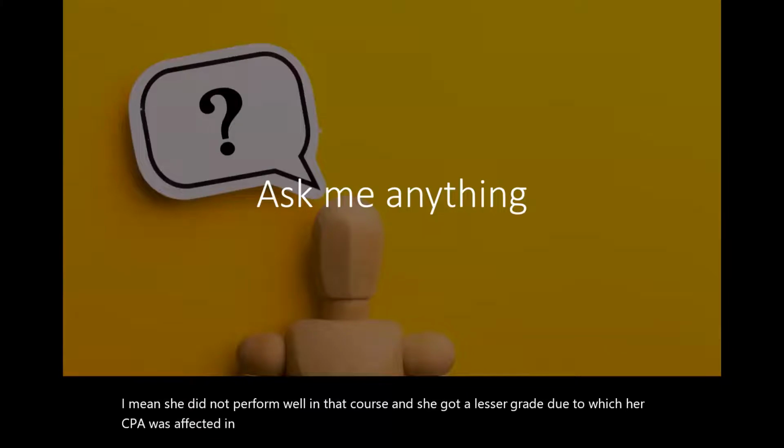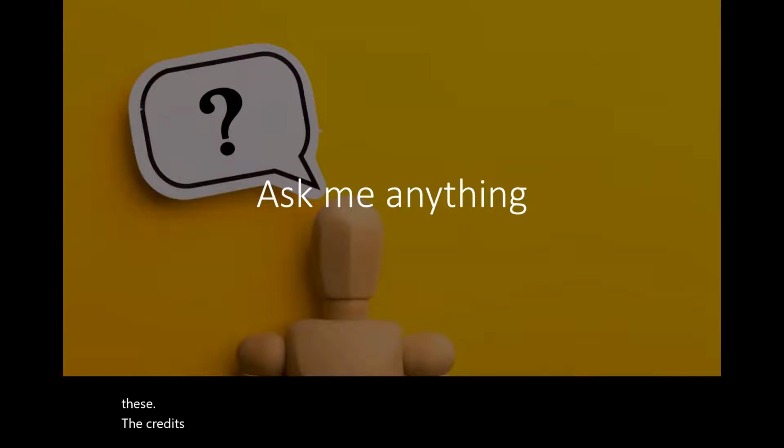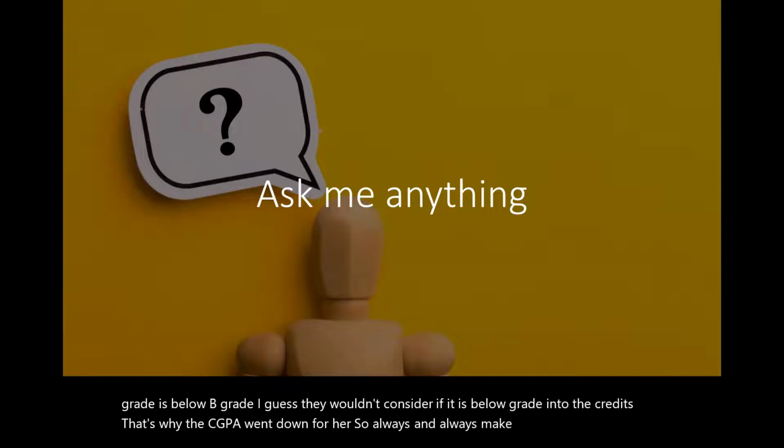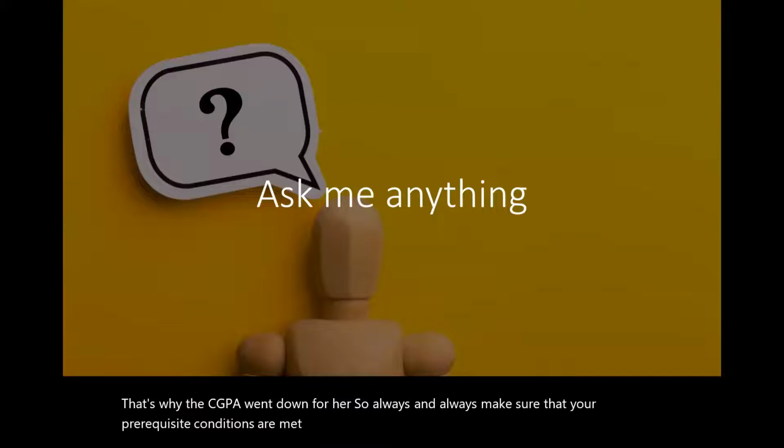In her case, I guess they added the credits but did not count the credits of that particular subject into CGPA, because your prerequisite course grade is below B grade, I guess they wouldn't consider it into the credits. That's why the CGPA went down for her. So always make sure that your prerequisite conditions are met. Please check your prerequisite conditions. In my case, it was not added into CGPA, but I can't say that it's general for everyone.